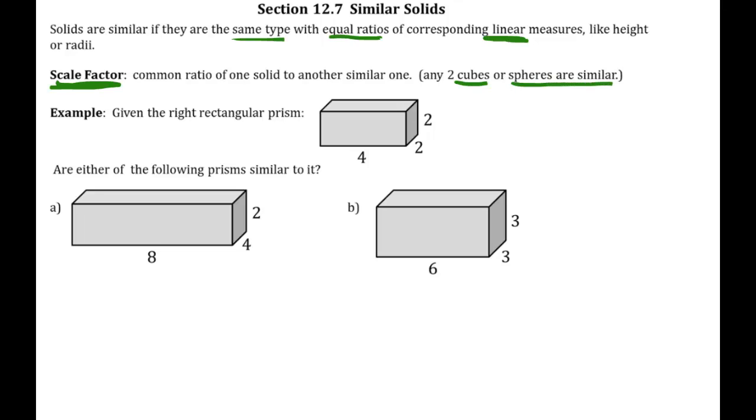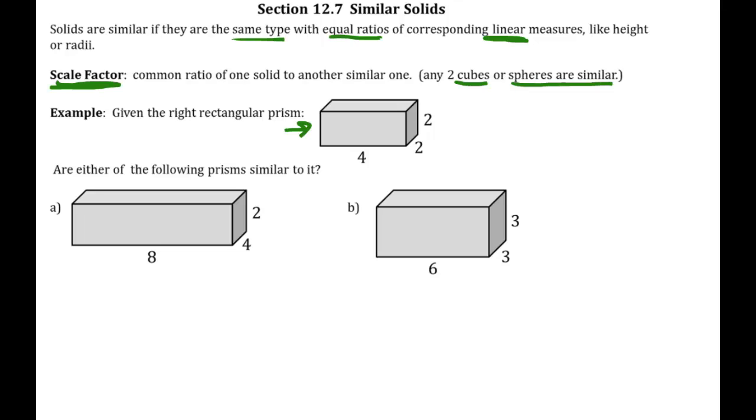Okay, example: given the right rectangular prism here, this one, that has a length of 4, width of 2, and a height of 2, we want to see whether either of the following two prisms, A or B, is similar to that one.